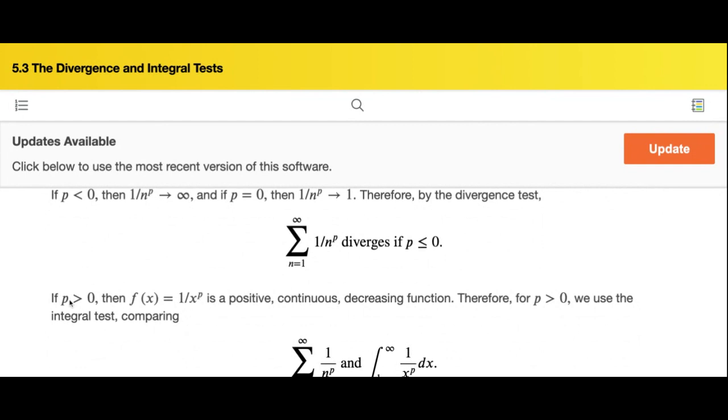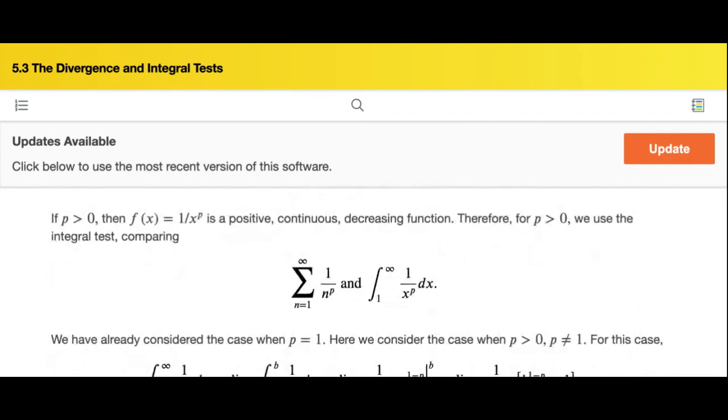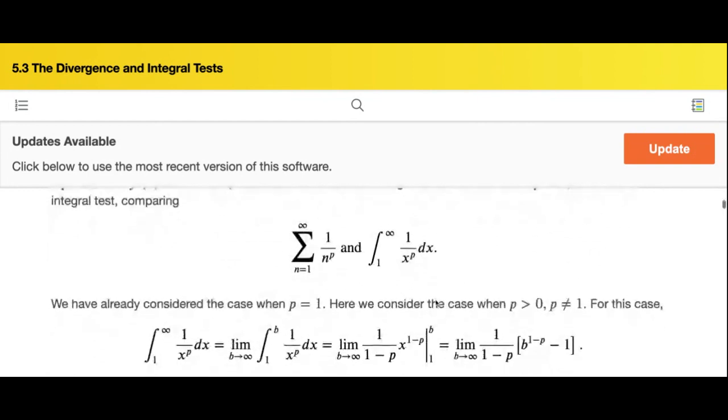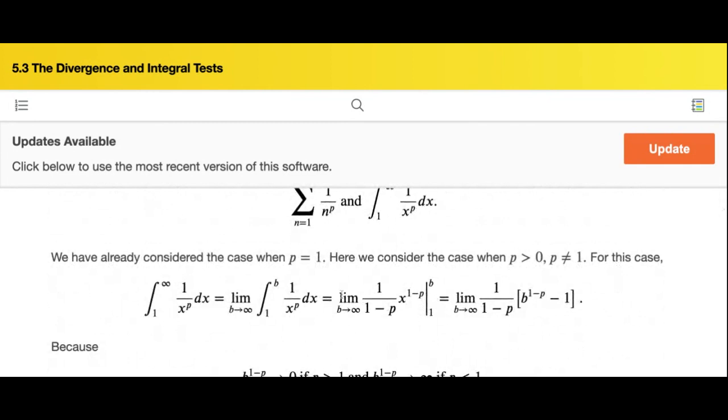If p is positive, 1 over x to the p is a positive, continuous, decreasing function, therefore for p positive we use the integral test, comparing 1 over n to the p to the integral of 1 over x to the p. We have already seen p equals 1, which diverges; that is our harmonic series.